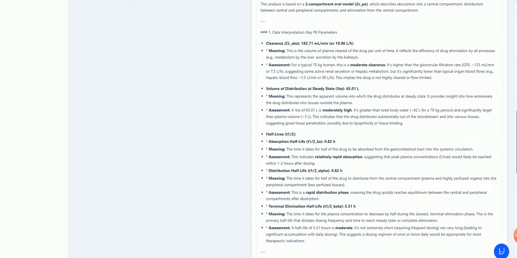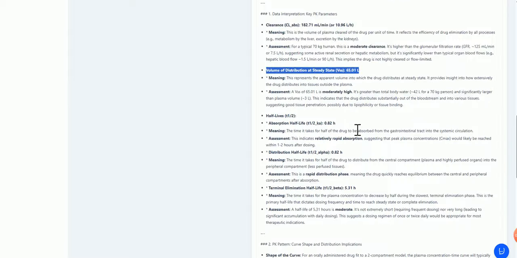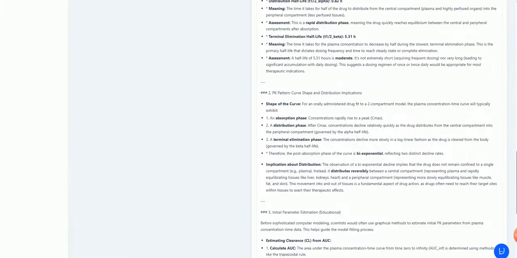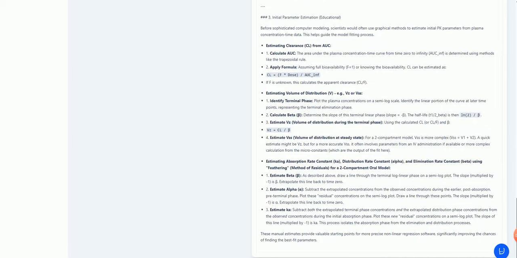And look here, it interprets the clearance value, telling us if it's considered high or low. It looks at the volume of distribution and explains whether a drug is distributed into tissues or not. It even provides an educational breakdown explaining how you can estimate these parameters manually using the slope of the curve. It turns every analysis into a learning moment.